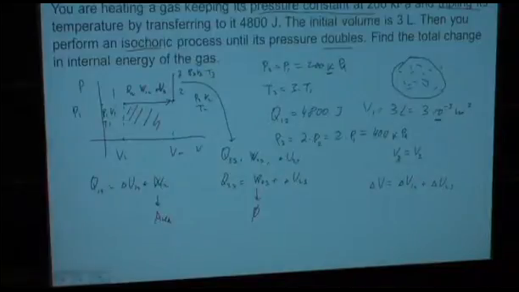So, delta U12 will be equal to this difference. This number is equal to 4,800.